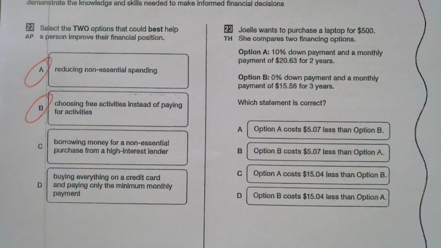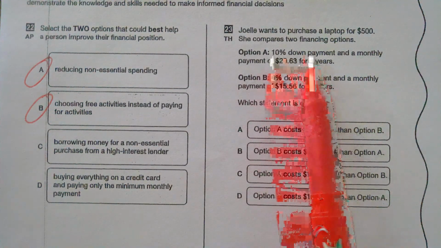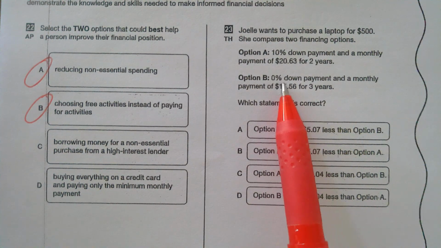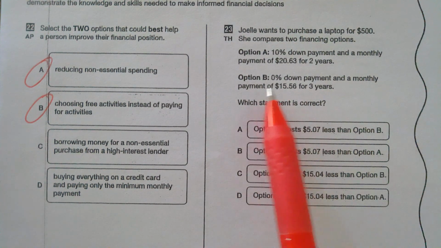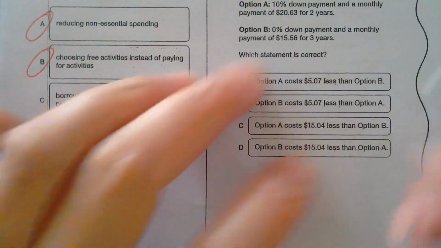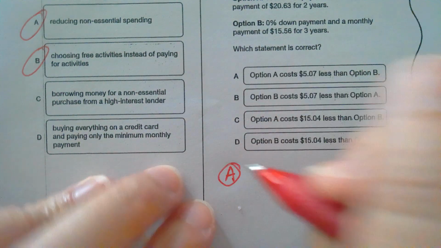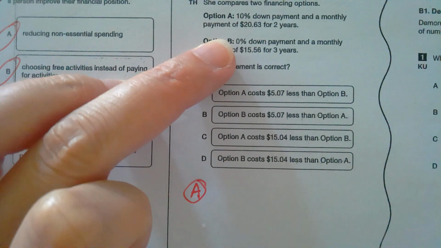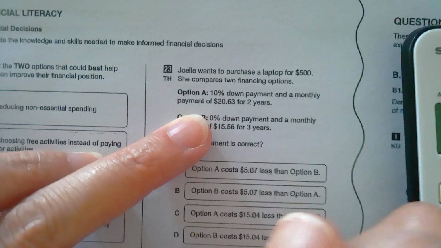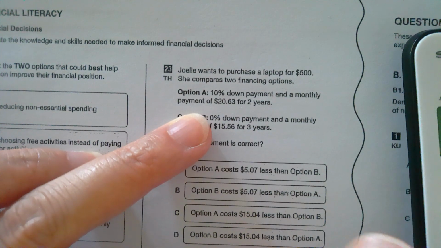Jelly wants to purchase a laptop for $500. She compares two financial options. This one is 10% down and a monthly payment of this for 2 years. This one is 0% down and a monthly payment of this for 3 years. Which statement is true? So you actually have to calculate it out. 10% down payment means 10% of 500.